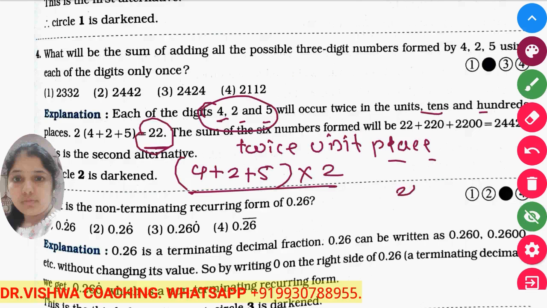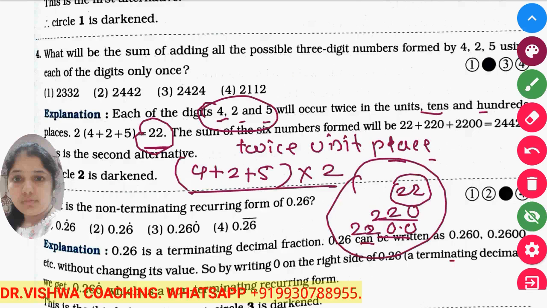Now 22 is the unit place total. 220 is the tens place total, and 2200 is the 100 place total. And you just add them. This is the total of all the combinations. If you want, you can try making all the possible combinations and then add, your answer will be the same, because each digit is repeated twice.